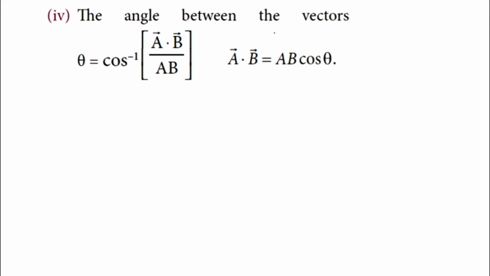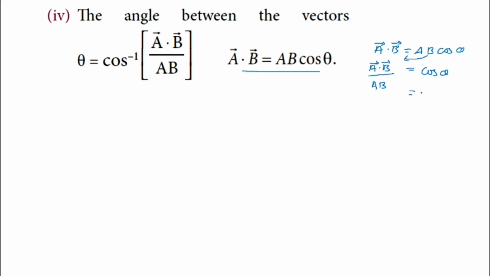The angle between the vectors: A vector dot B vector equals AB cos theta. Rearrange this term: keep cos theta on the right side, and A vector dot B vector on the left hand side, divided by A and B, is equal to cos theta.